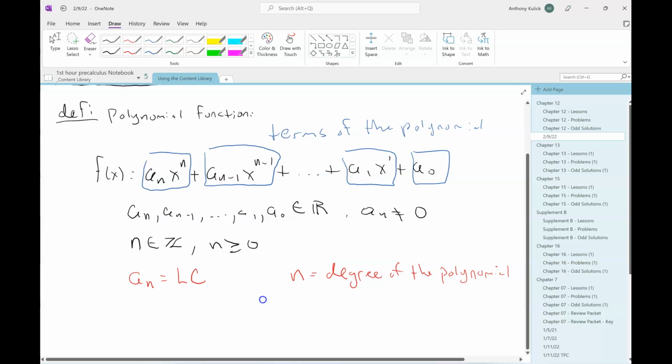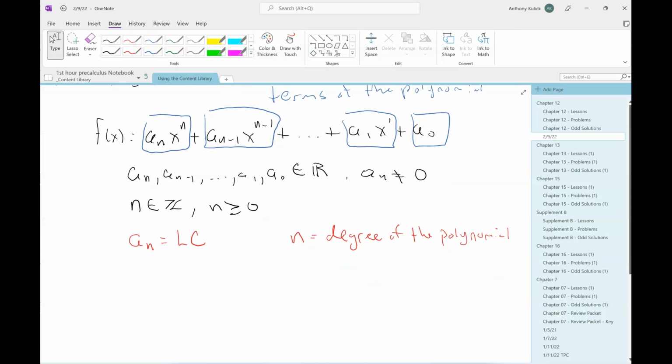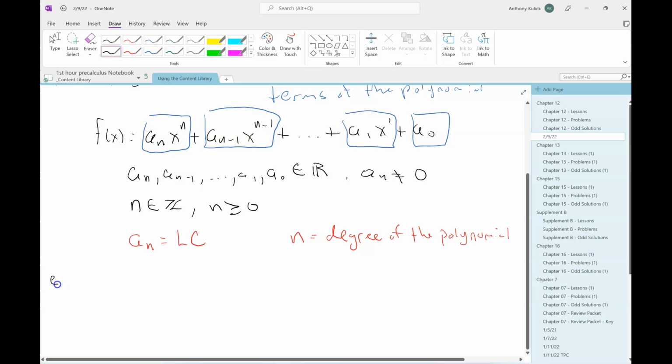So let's take a look at a couple of examples, and we'll decide whether something's a polynomial or not. And if it is, then we'll write down the degree and the leading coefficient.